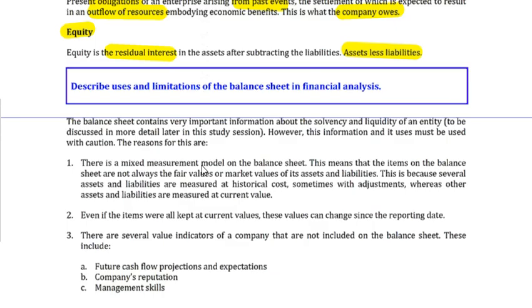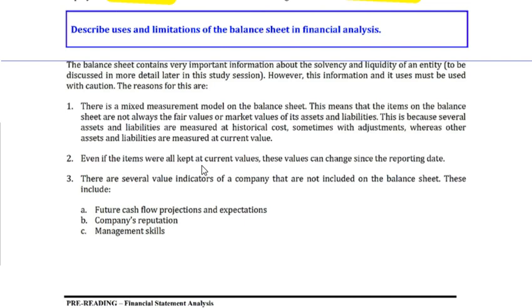Describe the uses and limitations of balance sheets as we look to financial analysis. The balance sheet is broken down predominantly into two major parts: long-term assets and liabilities, generally those that are over 1 year, and then shorter term, what we call current assets and liabilities.